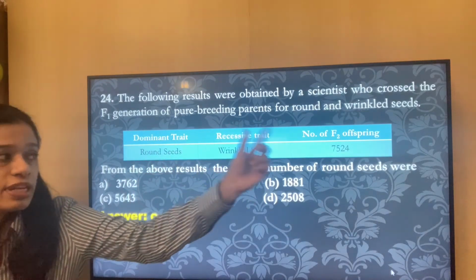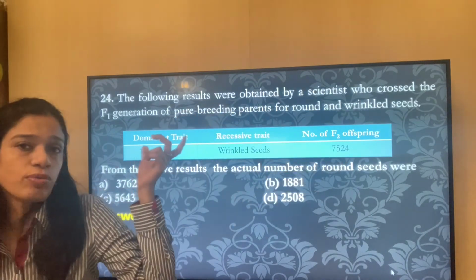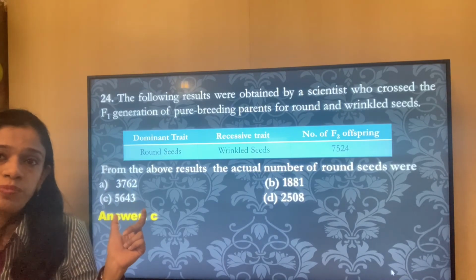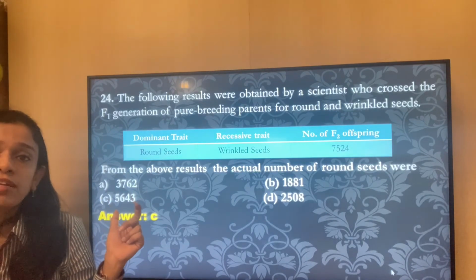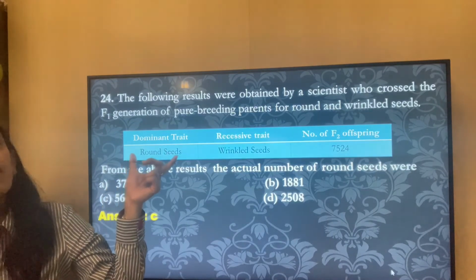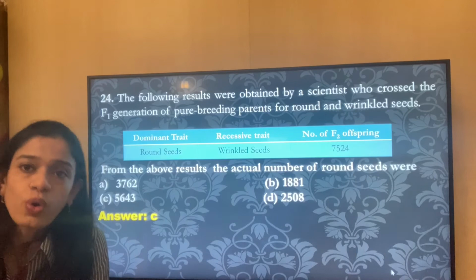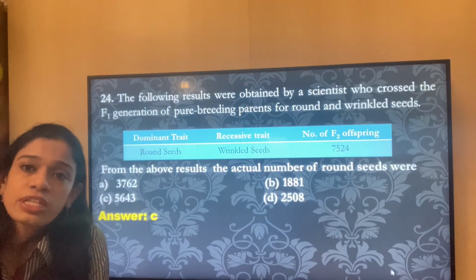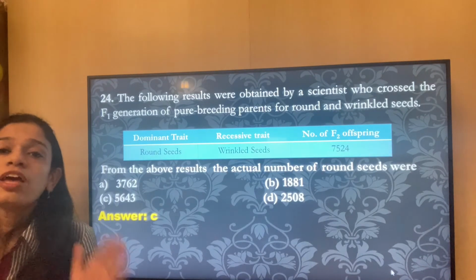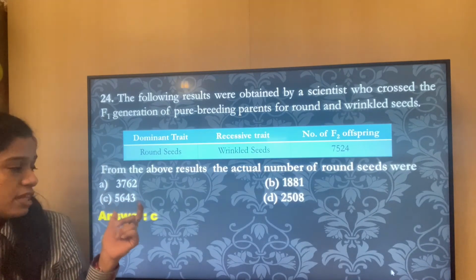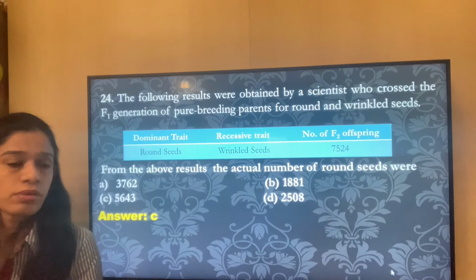So for the round seeds, the answer will come 5643. You will get 5643 offsprings having round seeds out of 7524 offsprings that were produced. So this follows a proper monohybrid cross, and the correct answer should be C, that is 5643.